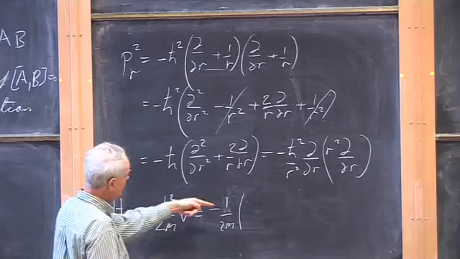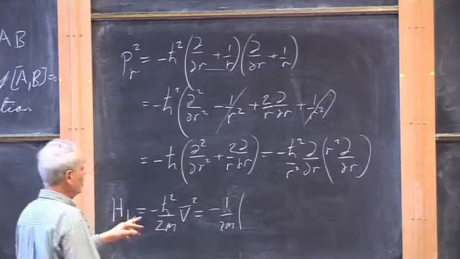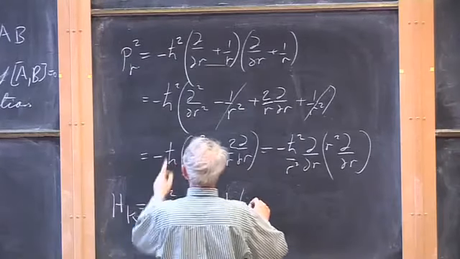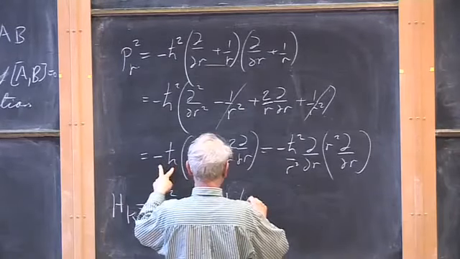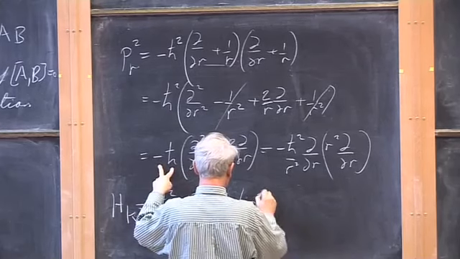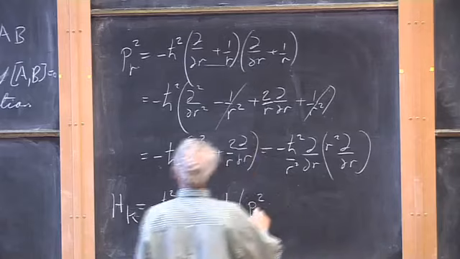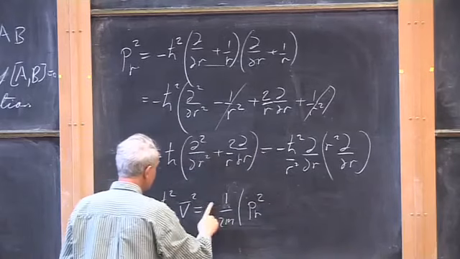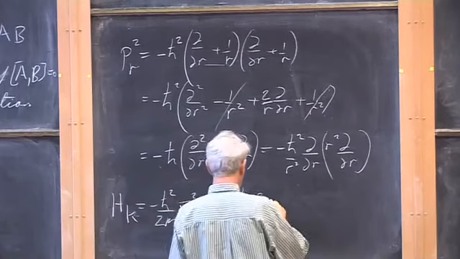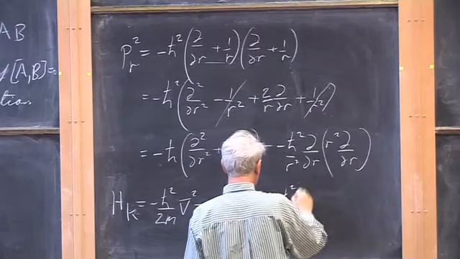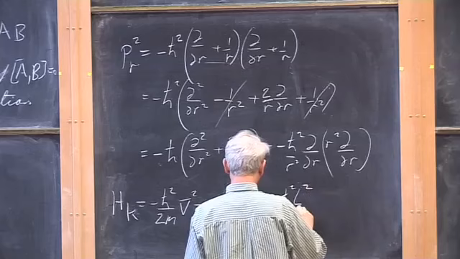Let's take the h bar squared into the bracket. We're going to have a 1 over r squared d by dr, all that stuff, which we've just shown is pr squared. But there was a minus sign, so that soaks up this minus sign, a pr squared. And then similarly, there's plus h bar squared L squared over r squared.